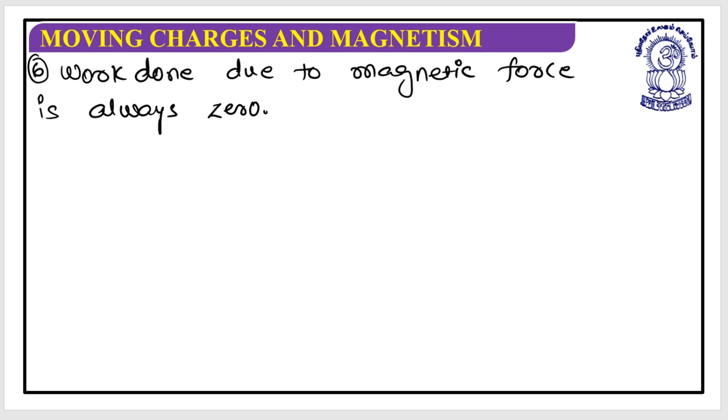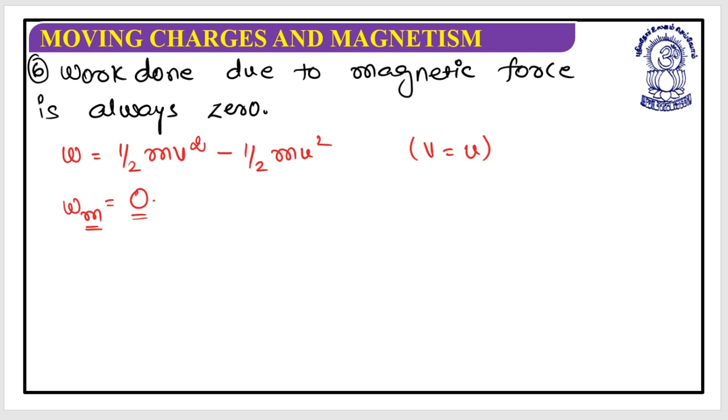If you remember class 11 work, power, energy and the work-energy theorem, work done was half m v square minus half m u square. The final velocity and initial velocity would be the same, because magnetic force can change only the direction and not the magnitude. That means this should be 0. So work done due to magnetic force is always 0. Remember this, very interesting, and this is one of the favorite areas of the examiners.